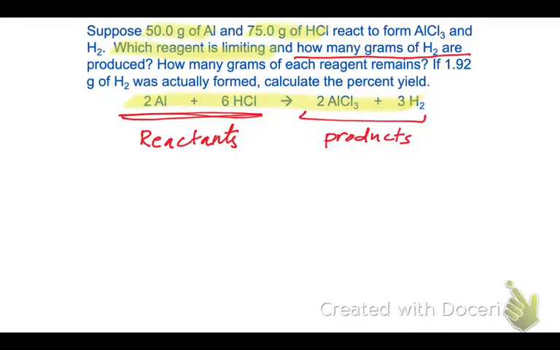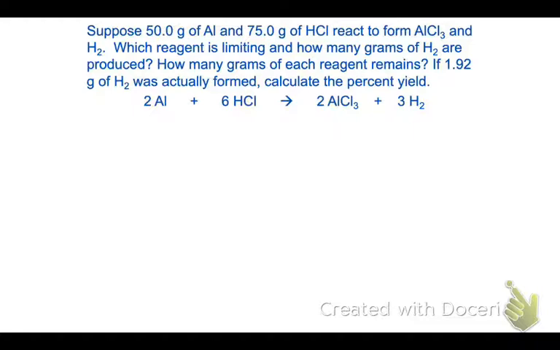All right, so if I am solving this question, first things first, I will find the limiting reactant.